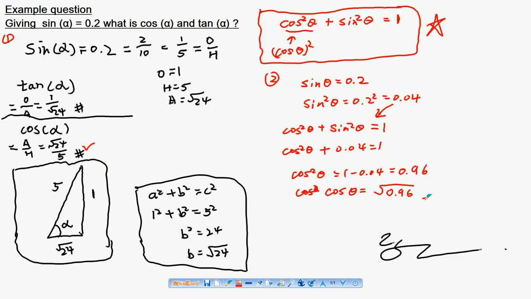Once we have cosine theta, in order to find the tangent theta, you have to remember that tangent is sine theta on cosine theta. This is the other formula you have to remember.